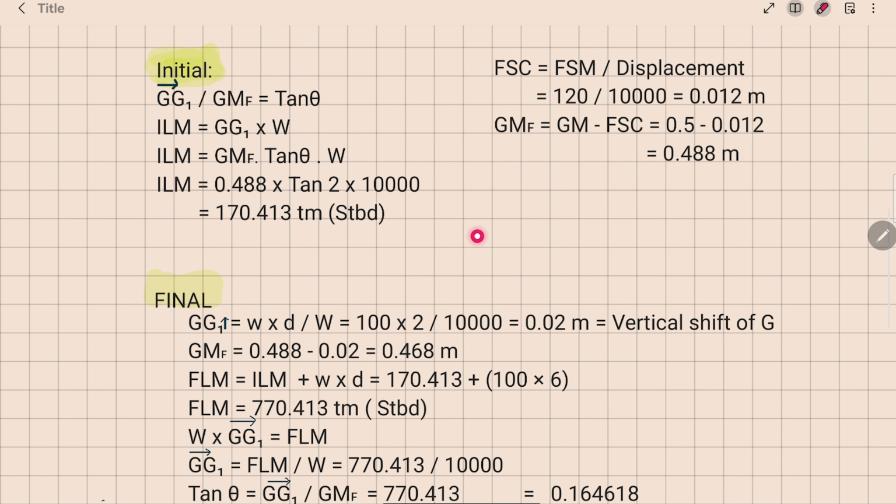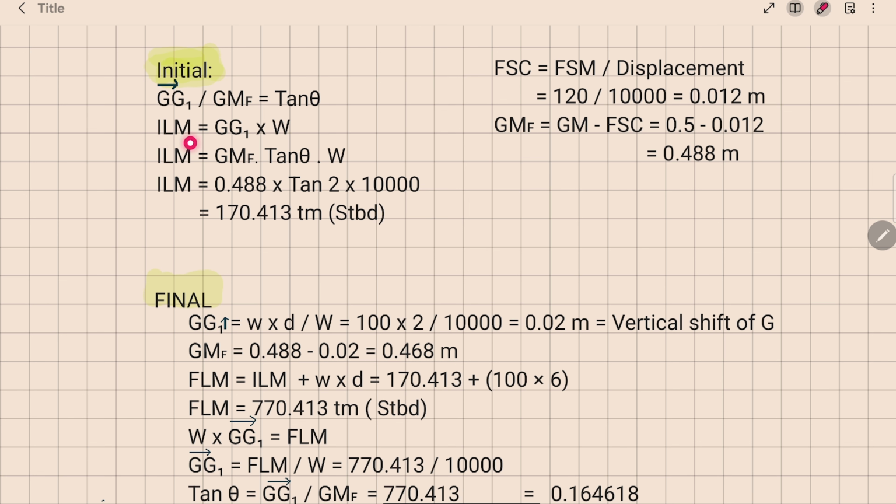Now, since the ship is already listed, we must have an initial listing moment. So I put here initial, and as I showed you in the diagram, GG1 divided by GM fluid is tan theta. And which GG1 is it? As you can see, I have drawn an arrow pointer on top of the GG1, horizontal, showing it's a horizontal shift of GG1. So GG1 divided by GM fluid is tan theta.